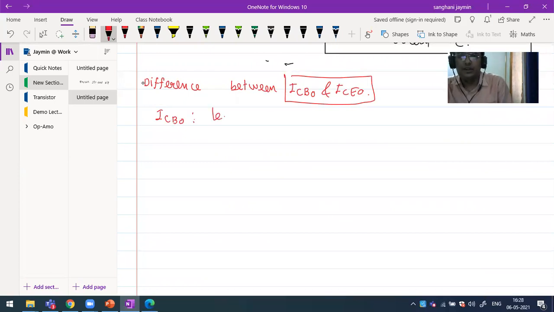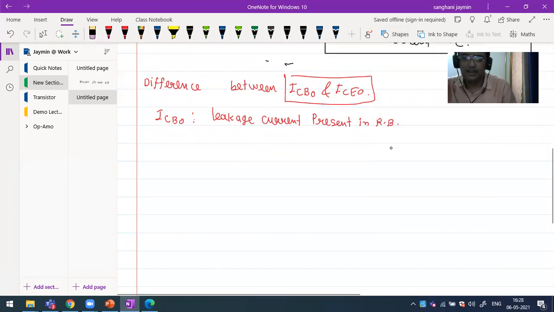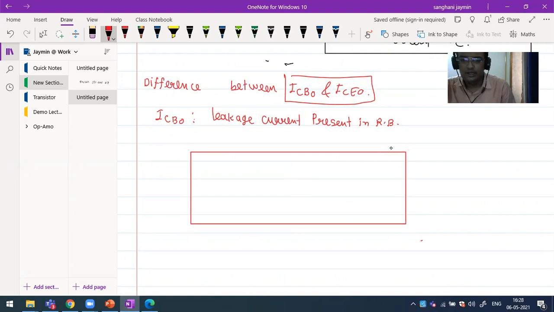ICBO means leakage current that is present in the reverse bias. I want to explain this point here.